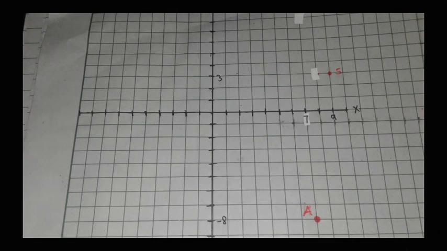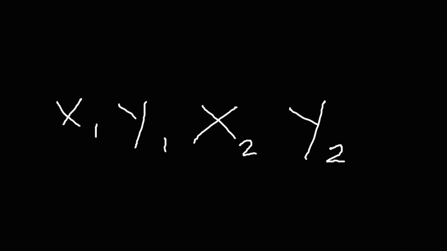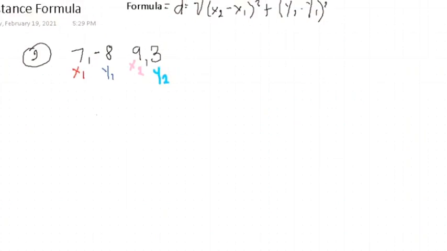So now let's proceed to my last example, example number 3. So let's look at the graph again. As we can see in this graph, point A is at 7, negative 8, and our point S is at 9 and 3. Next, label it x sub 1, y sub 1, x sub 2, and y sub 2.